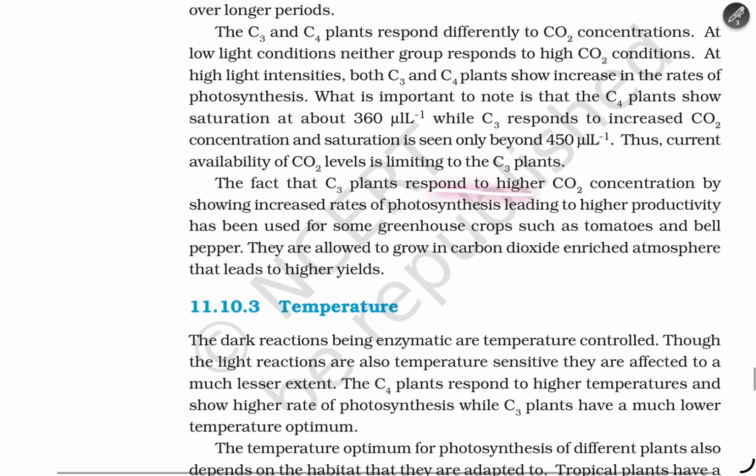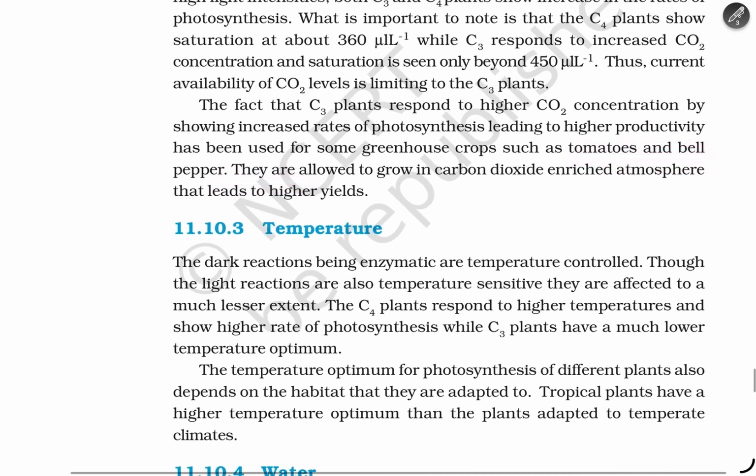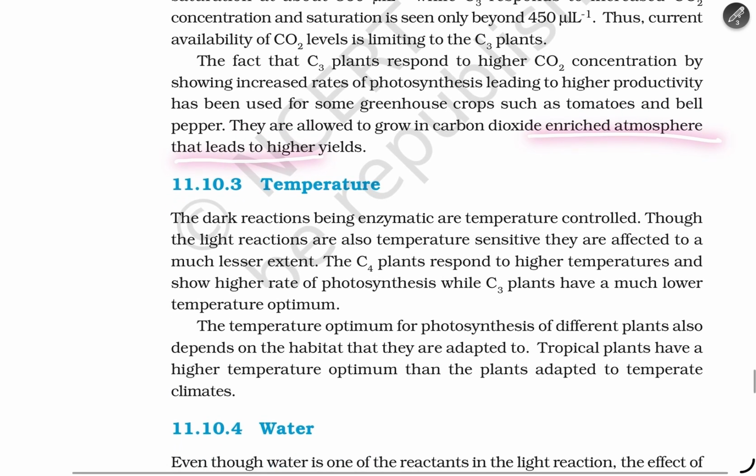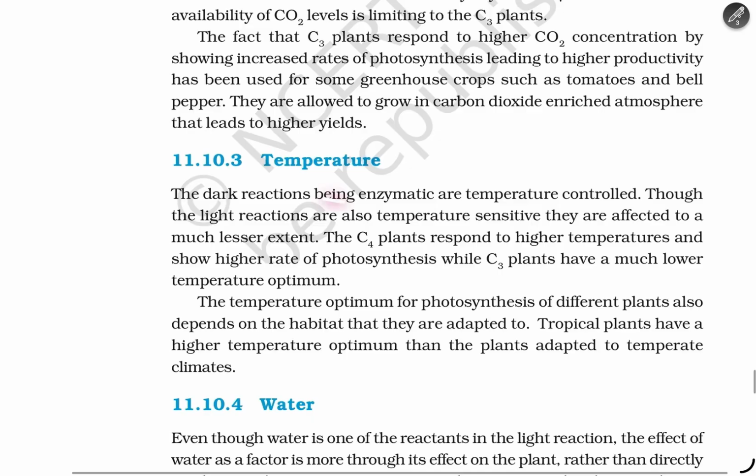The fact that C3 plants respond to higher CO2 concentrations by showing an increased rate of photosynthesis, leading to higher productivity, has been used for some greenhouse crops. Crops such as tomato and bell pepper are grown in a carbon dioxide enriched atmosphere, which leads to higher yields.